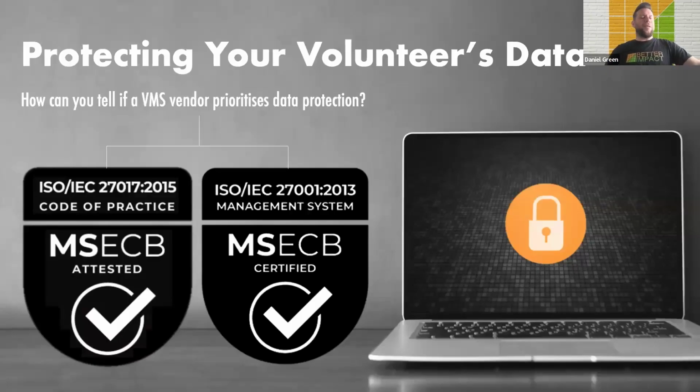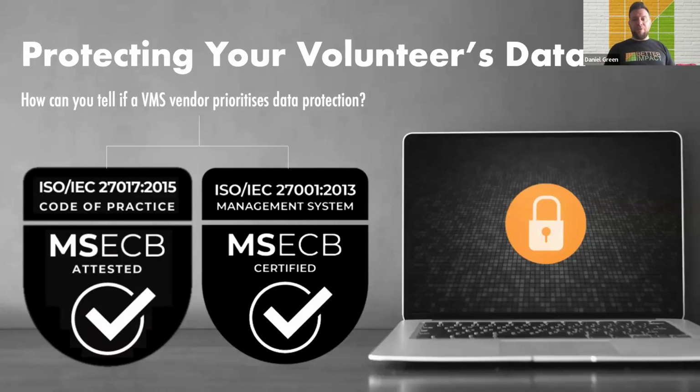Protecting your volunteers' data. So how can you tell if a VMS vendor prioritizes data protection? One easy way to tell is to look for the ISO certification. ISO 27001 is the world's best known standard for information security management systems. ISO certification means that the VMS vendor respects all the best practices and principles enshrined in this international standard.